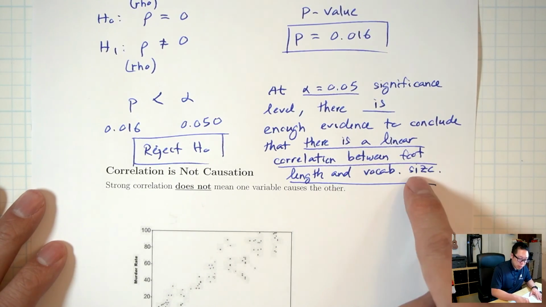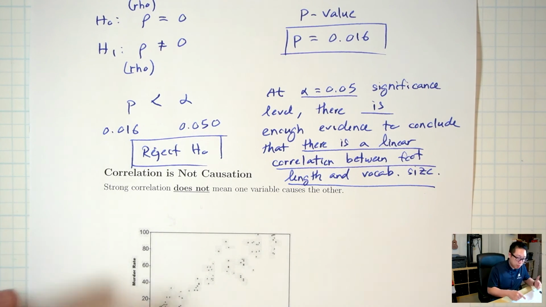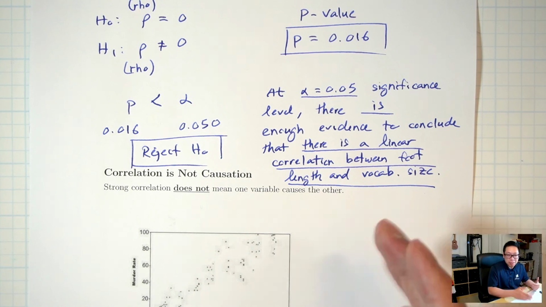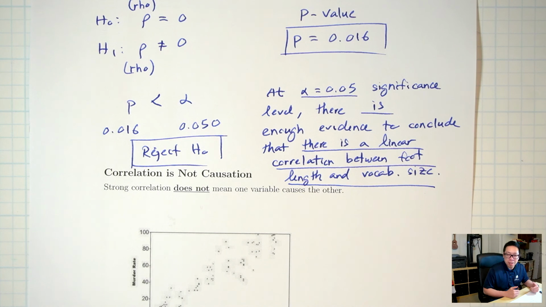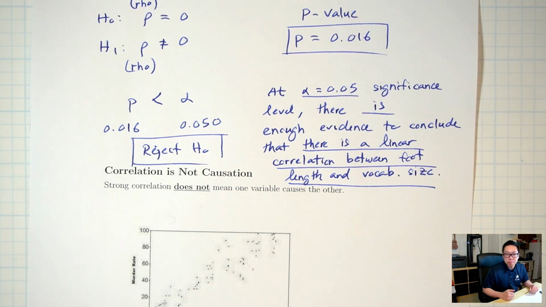So foot length and vocabulary size, they're both going up at the same time, right? So if foot length goes up, vocabulary size goes up. But a better explanation for what's happening here would be what? Probably age, right? So as a child gets older, their foot length gets longer and their vocabulary size gets bigger. So a better explanation might be age. Just so happens that foot length and vocabulary size both go up with age.